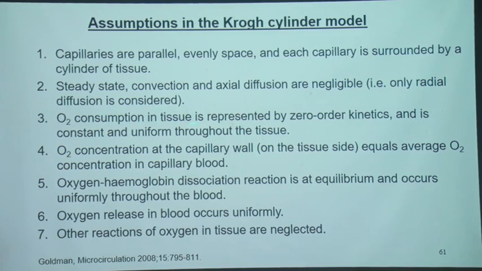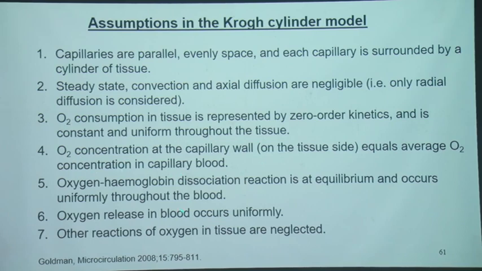And we assume the oxygen consumption in the tissue is represented by zero-order kinetics with a constant and uniform rate, and this is not true. In reality, the tissue is not uniform, and the oxygen consumption can vary. Now, this is an assumption that we use in the boundary condition in solving the equation: the oxygen concentration in the capillary wall equals the oxygen concentration in capillary blood, right? So that's an assumption.